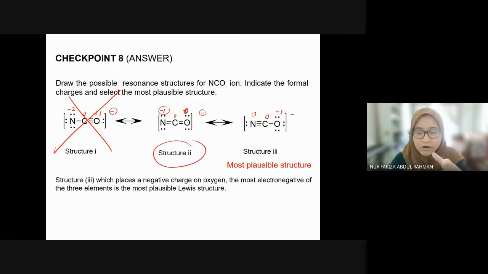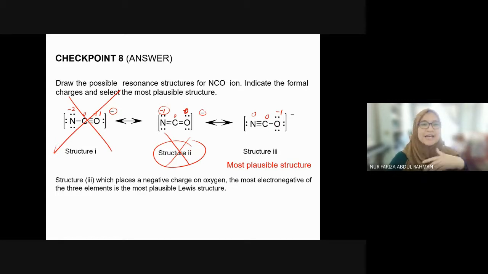Oxygen has a 0 formal charge, which is good, but nitrogen has -1. Here oxygen is upset, this goes against the rule. Oxygen should bear the -1 because oxygen is the most electronegative in this molecule. So structure 2 is also unlikely, unfavorable. So we go for structure 3.